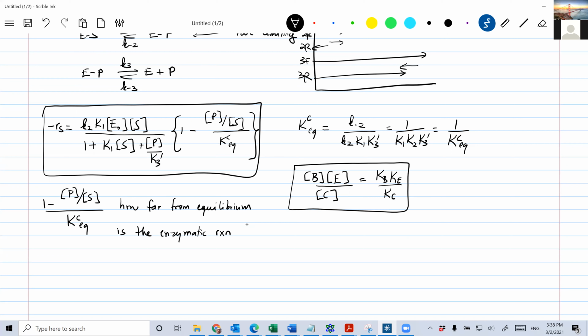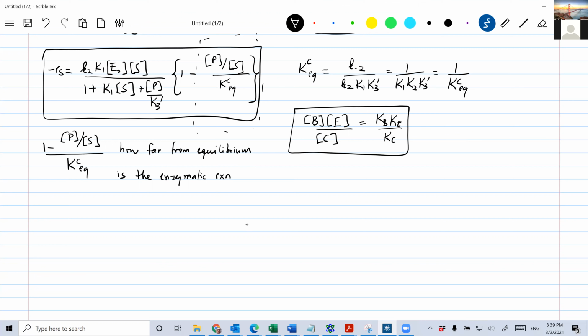If the reaction is far to the right, that term, the product divided by substrate divided by the equilibrium constant, is going to be close to 0, which is the case in many enzymatic reactions. But otherwise, the reaction itself is reversible. This term tells you how far from equilibrium you are, especially this right side here.